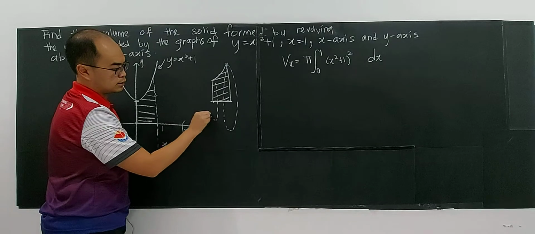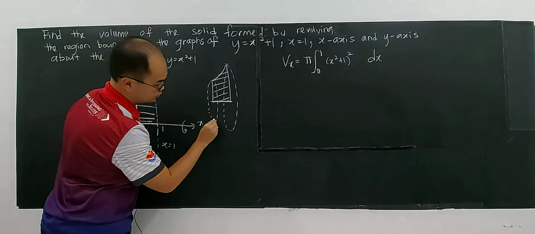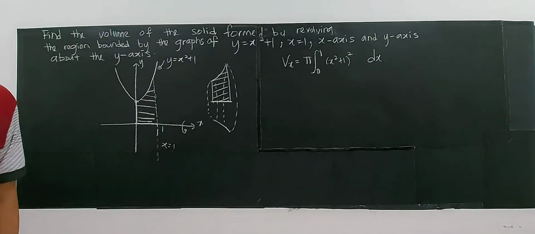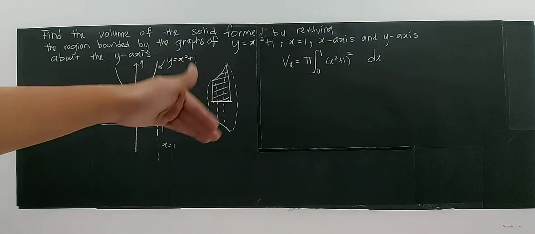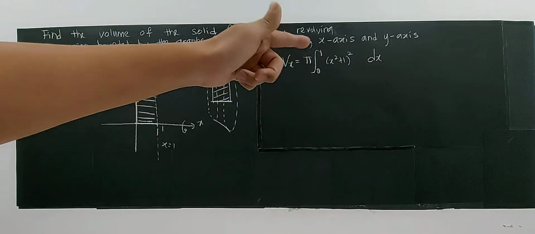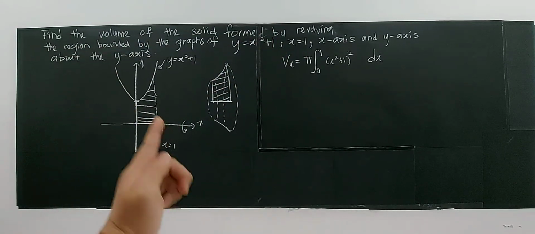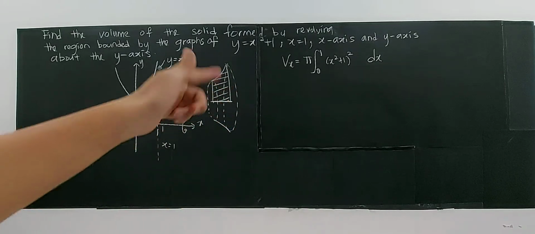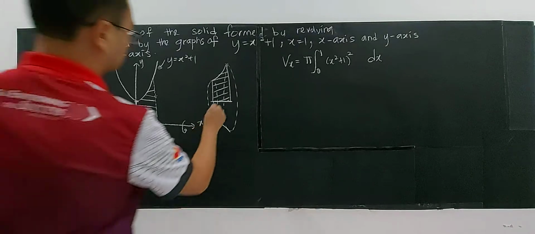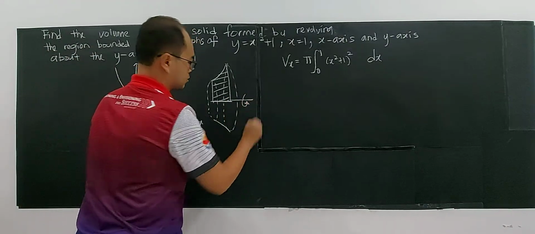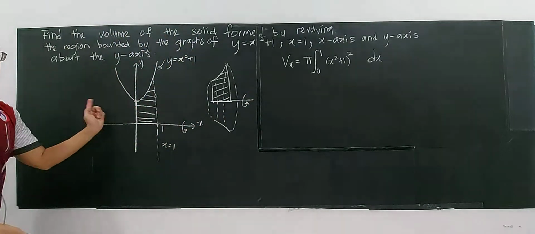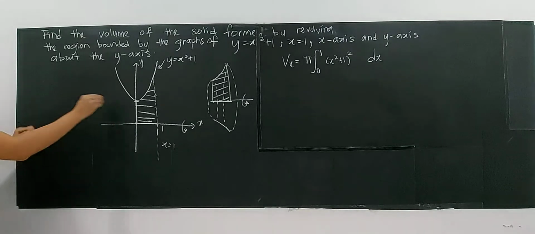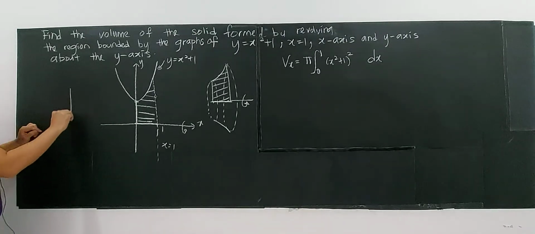This will be the solid formed. But if you rotate through the y-axis, then the solid formed will be, okay, let's look at this.